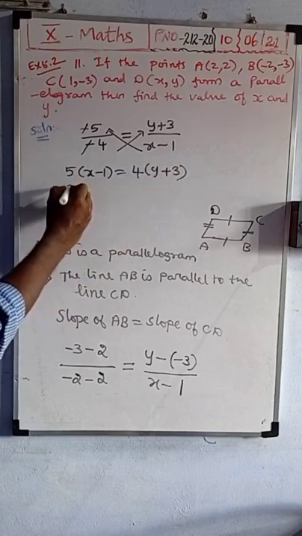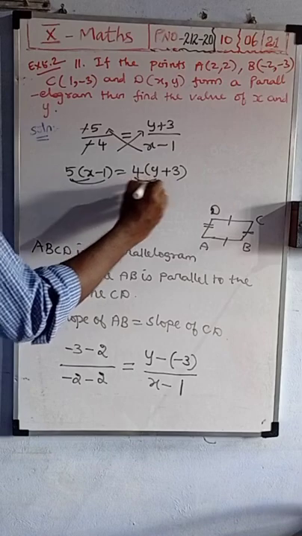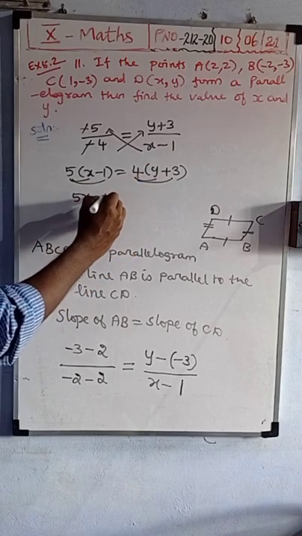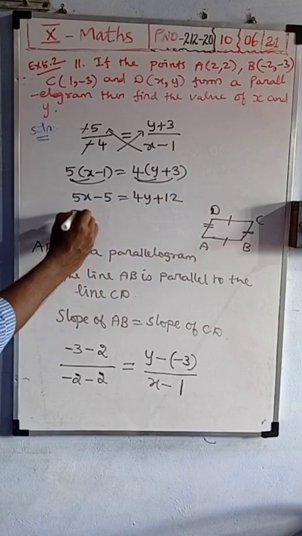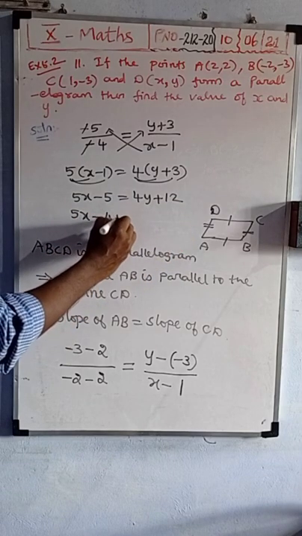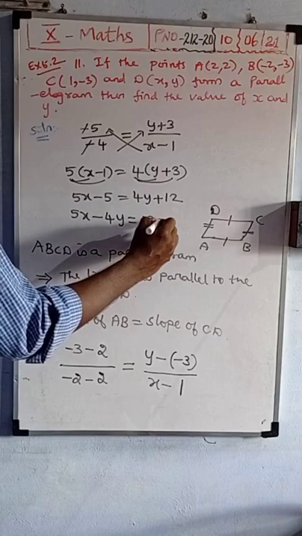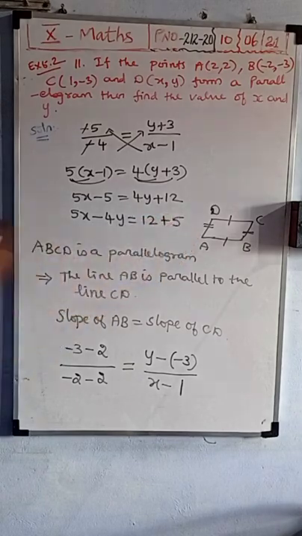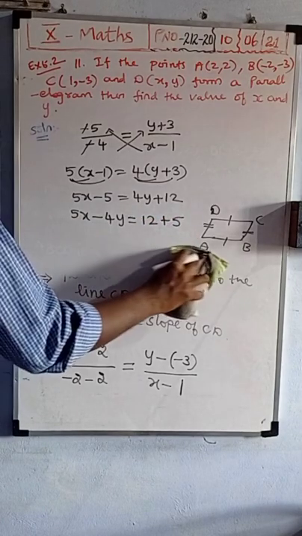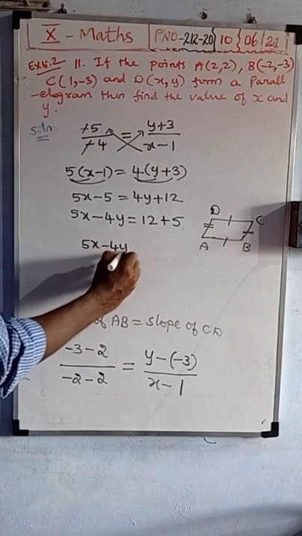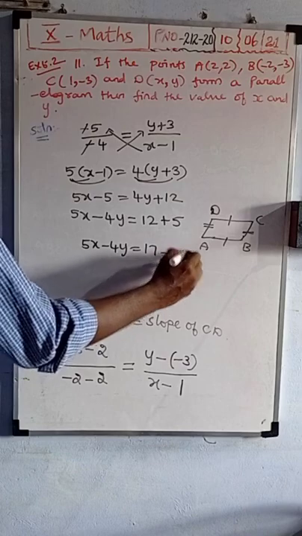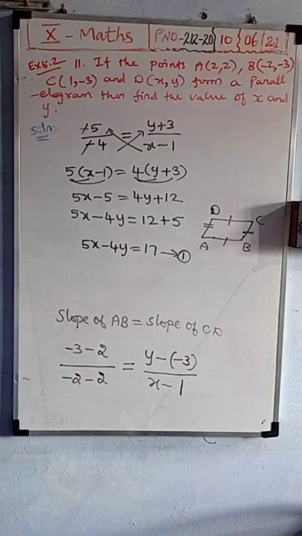Now 5x minus 5 is equal to 4y plus 12. Now 5x minus 4y, 12 plus 5 on the other side. We get one equation: 5x minus 4y is equal to 17. This is equation 1, the first condition.